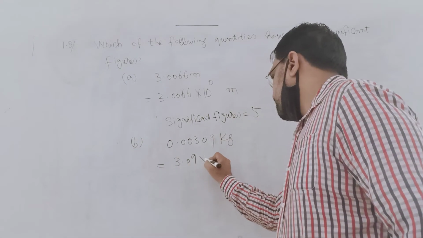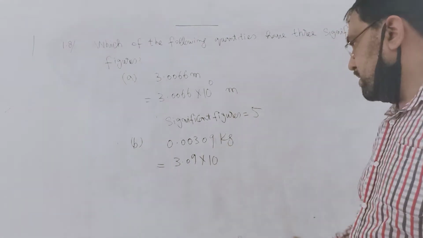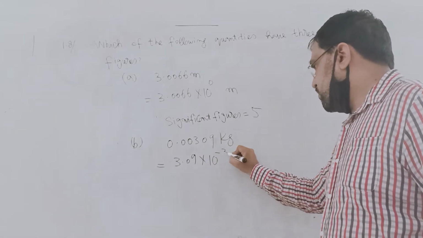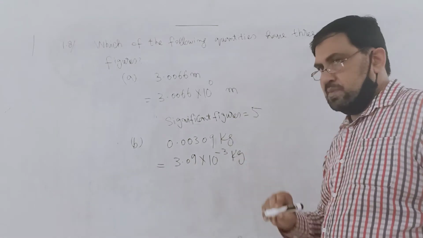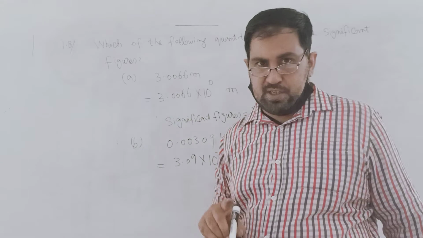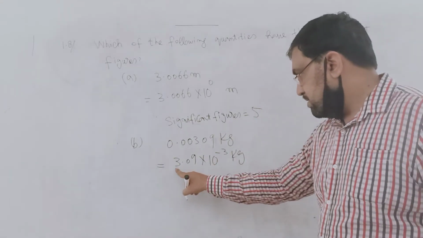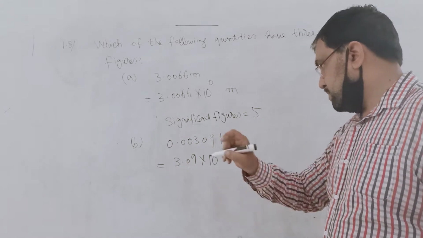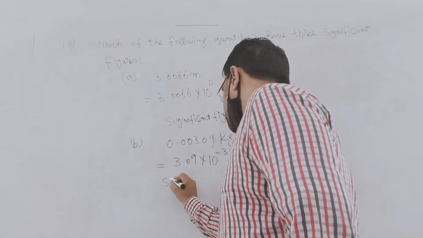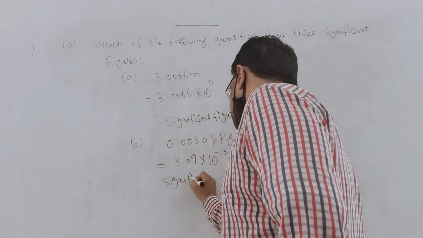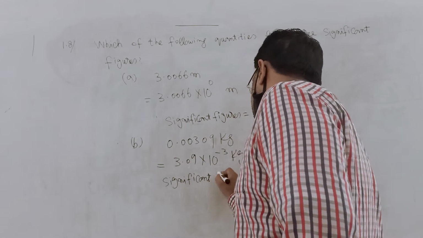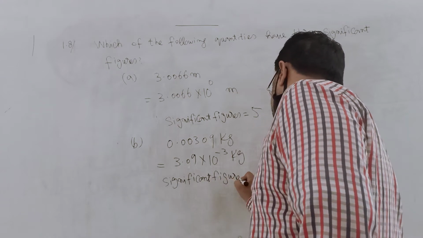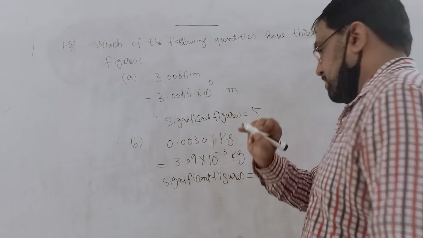So 3.09 into 10 raised to power minus 3 kg. Count the number of digits: 1, 2, 3. So significant figures is equal to 3.